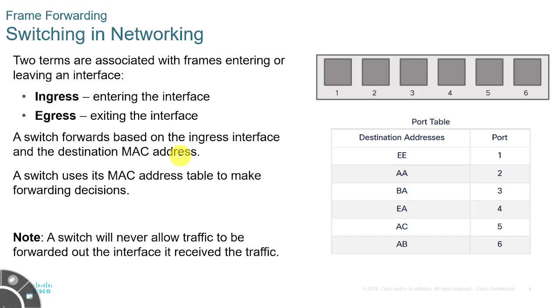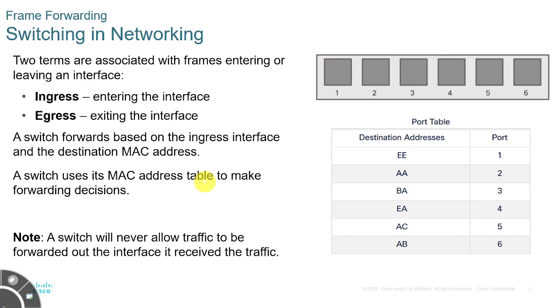As mentioned here, a switch uses its MAC address table, as in routers we use routing tables. In switches we use the MAC address table to take the decisions of frame forwarding.